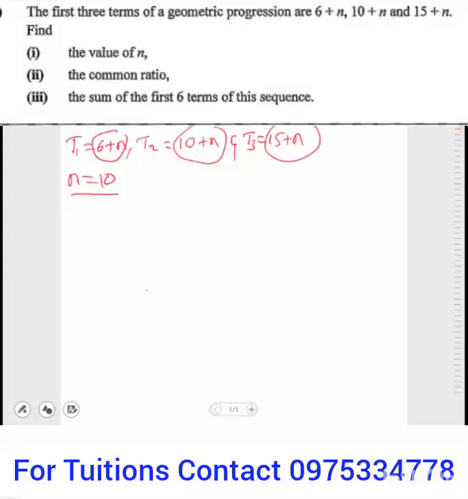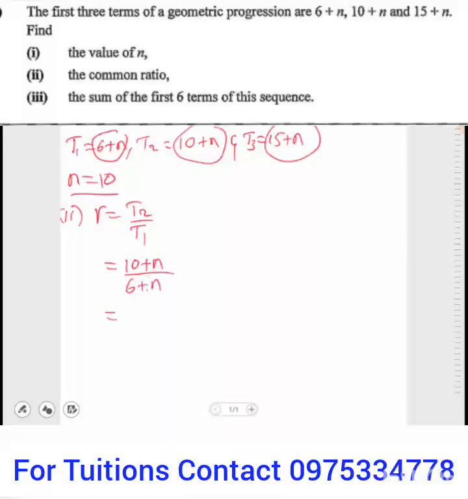The common ratio. So the formula for the common ratio, this is number 2, is term 2 over term 1. Term 2 is 10 plus n over term 1, which is 6 plus n.